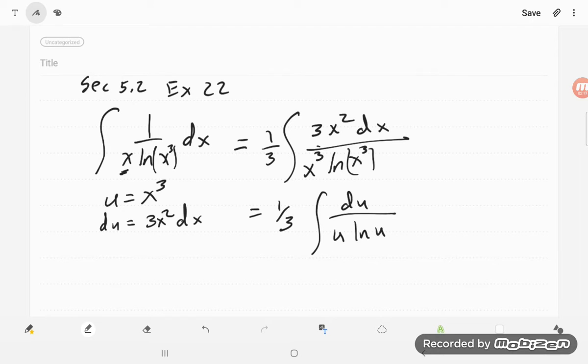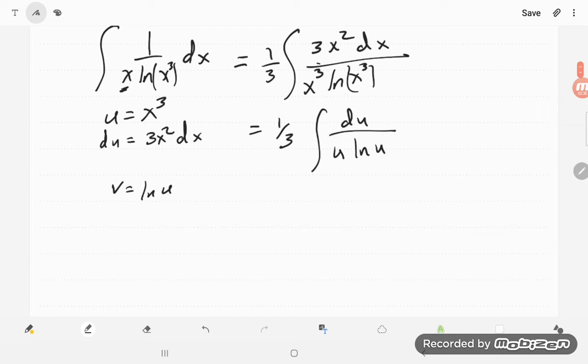Not a lot simpler. But now I see this natural log on the bottom, and the u. Well, the derivative of the natural log of u is 1 over u, so I think my next substitution will be something like v equals the natural log of u, and then dv is 1 over u du.